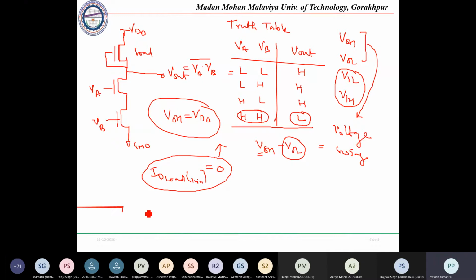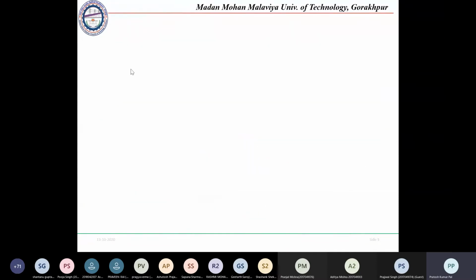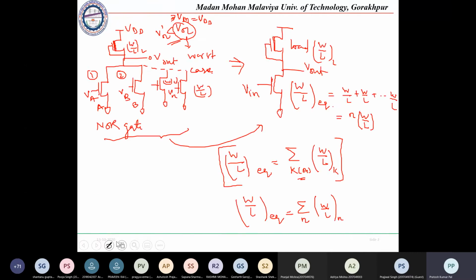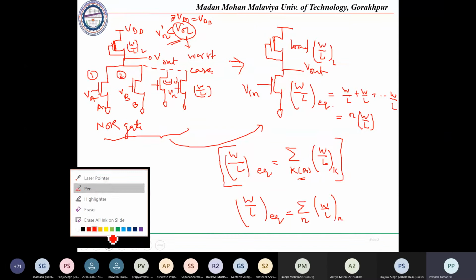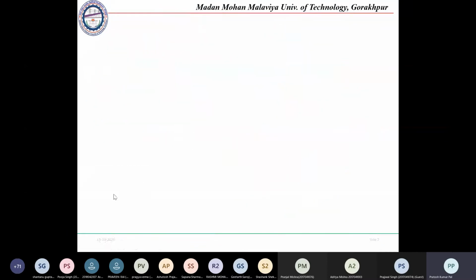So in the case of VOL calculation, ID of the load is equal to ID of transistor A, which is equal to ID of transistor B, because the same current flows through these transistors. So this will be the condition. We then use the current equations according to the particular mode of operation in which each transistor is working.